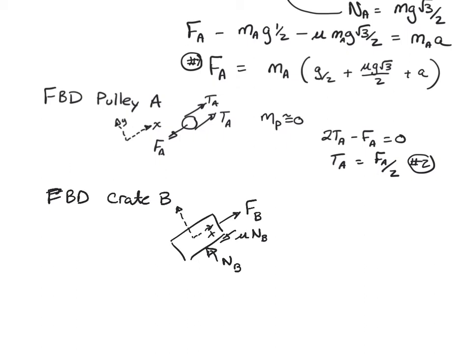So I've got the friction. Now I have to put in the tension A because that other box is pulling on B. I also have acceleration. That's the acceleration of B. By the pulleys, we know that the acceleration of B has to be twice the acceleration of A. And that's an effect of pulley motion.